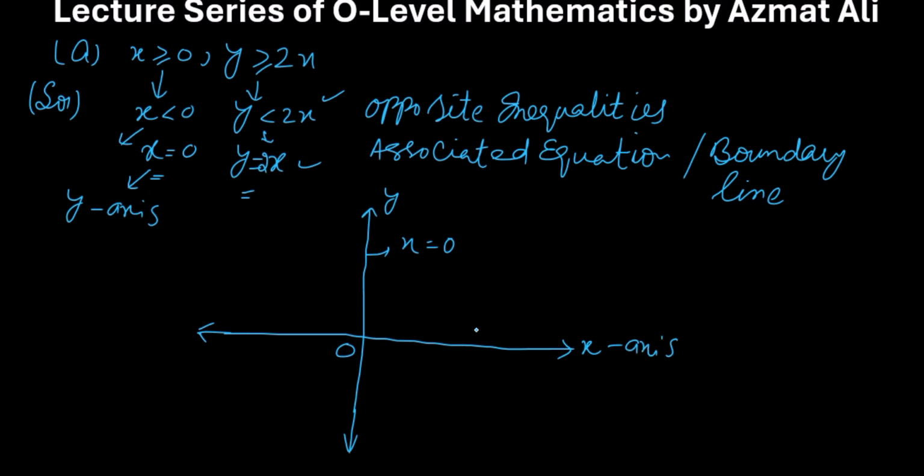Next, in the opposite inequality our sign is less than 0, x less than 0. x less than 0 means we have to shade on the left side of x is equal to 0. When your sign is less than, you will shade to the left of x is equal to 0.